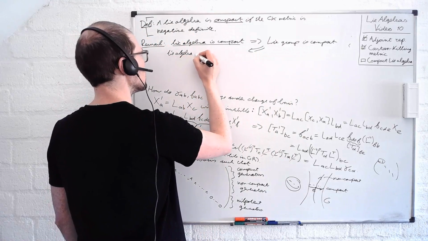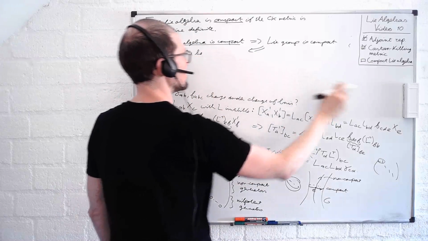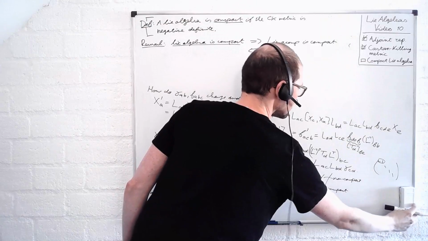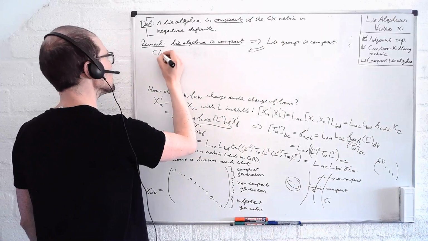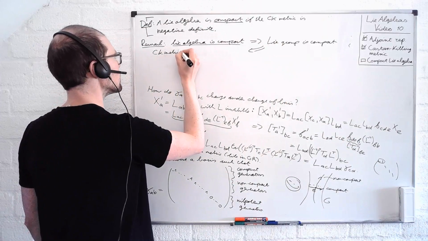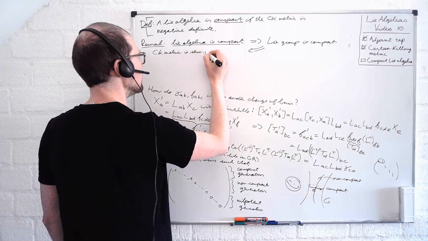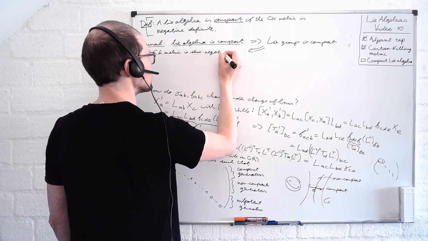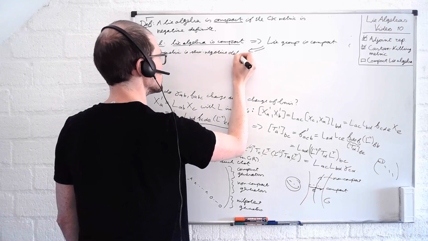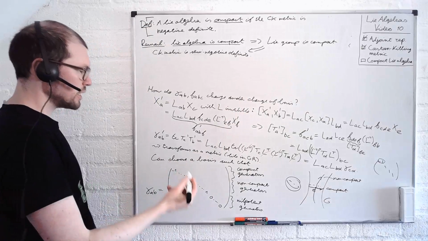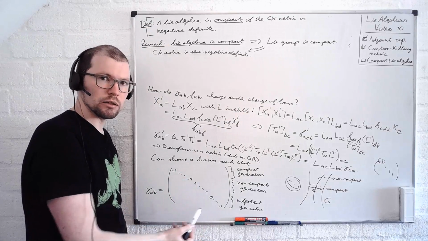When a Lie group is compact, that implies that the Cartan-Killing metric is semi-negative definite, which is saying that we can also have zeros on the diagonal.